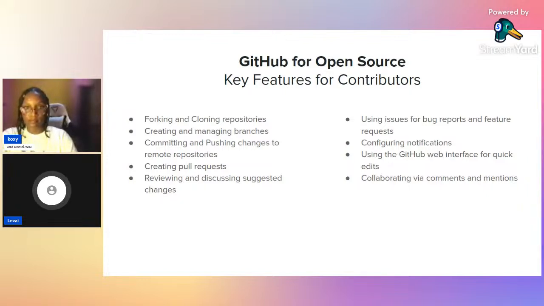Every time you want to make a change, despite the fact that you've created a copy of the repo on your GitHub already, it's best practice to create a new branch to work from rather than use the main branch.